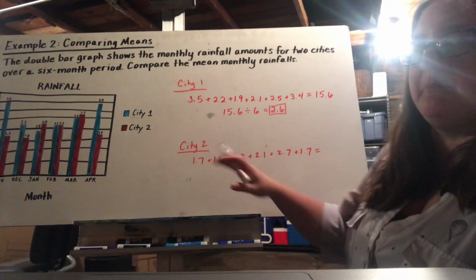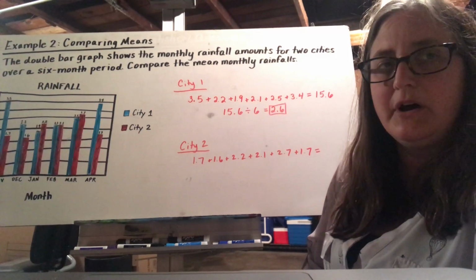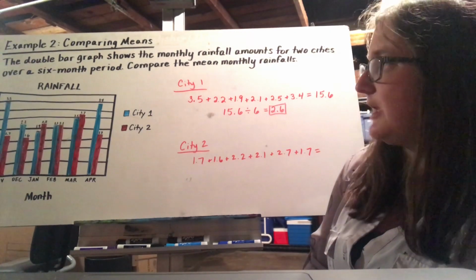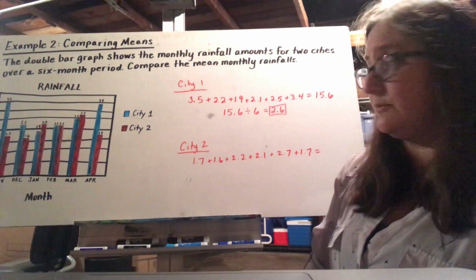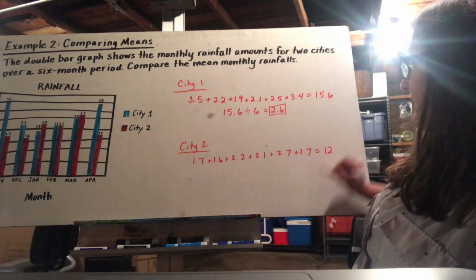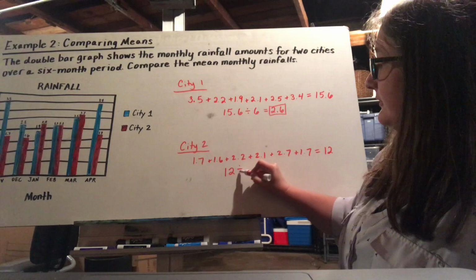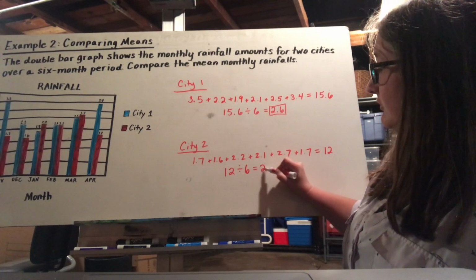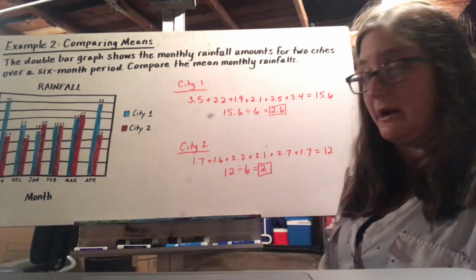Just from looking at my double bar graph here, I expect city 2 to have a lower mean because most of the bars are lower for city 2. So I add all these up and I get a grand total of 12. Remember, that's my total. This is over 6 months. So 12 divided by 6 gives me 2. So city number 2 gets about 2 inches of rain per month.